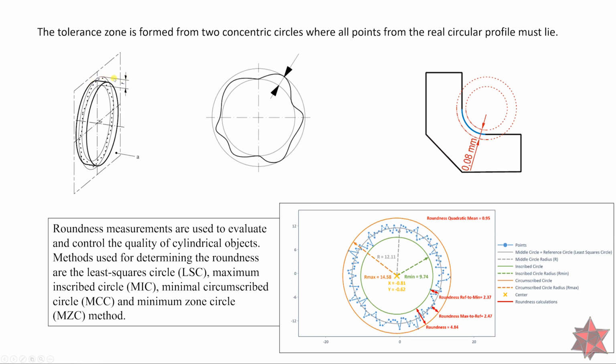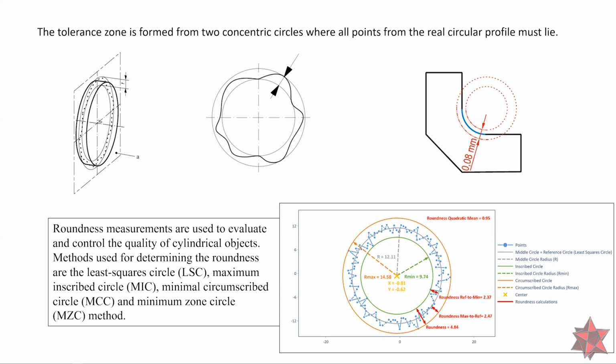This is the tolerance zone, and these are the points taken on the profile of the circle. Here again is the tolerance zone, just for this section of radius. You can do roundness even on a small portion of a circle.